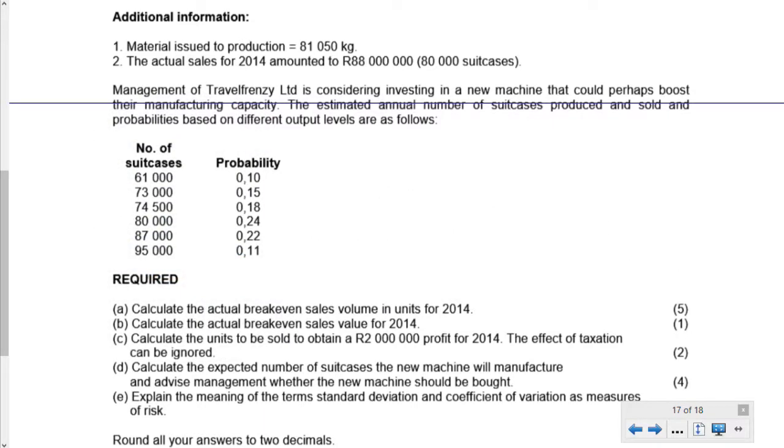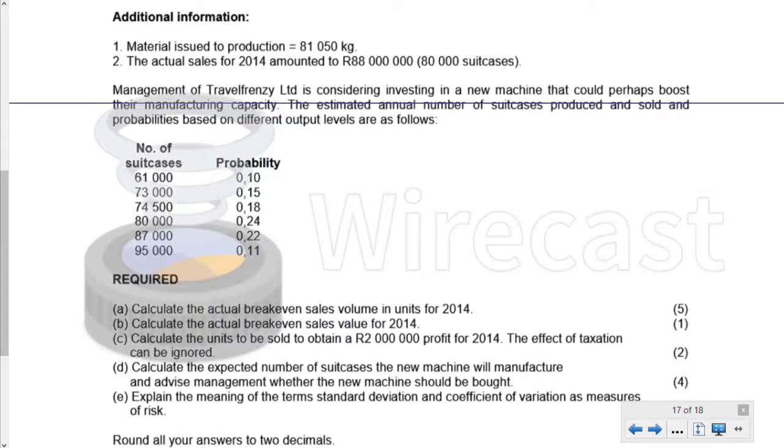And the required asks you to calculate the break-even sales volume, the number of units, and then the break-even sales value. Once you've worked out volume, you can just times by price to get value, isn't it? Or you can do the break-even calculation for sales value if you like. Then it asks you to calculate the units to be sold to make a 2 million rand profit, and you can ignore tax. So that's a bit of sensitivity, working backwards.